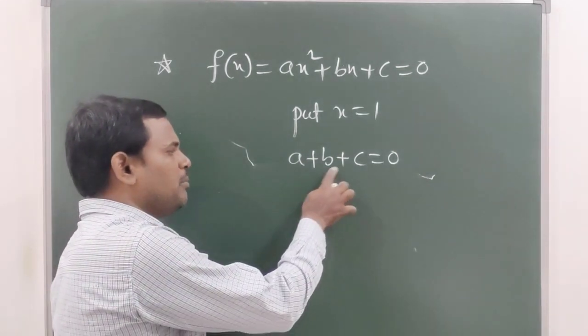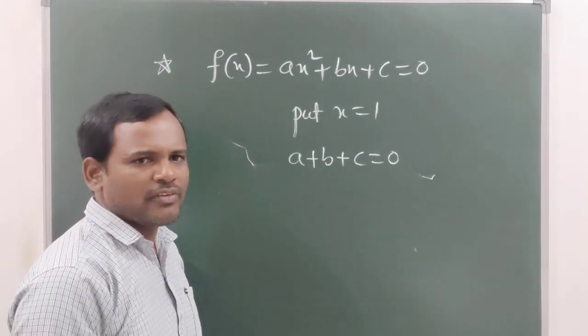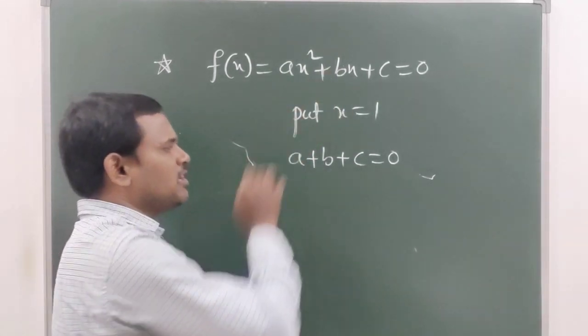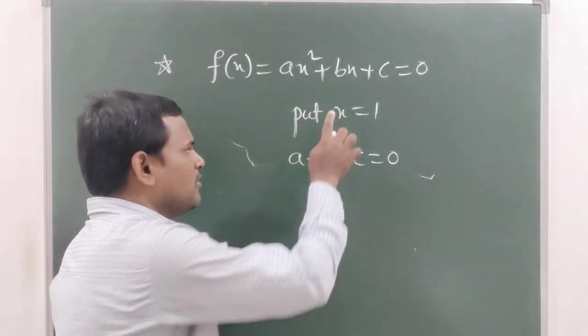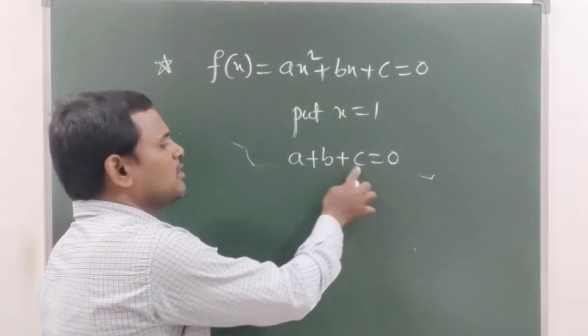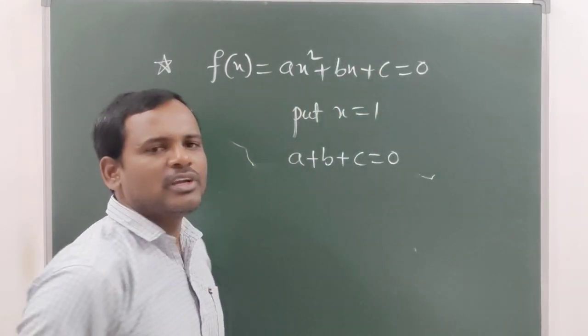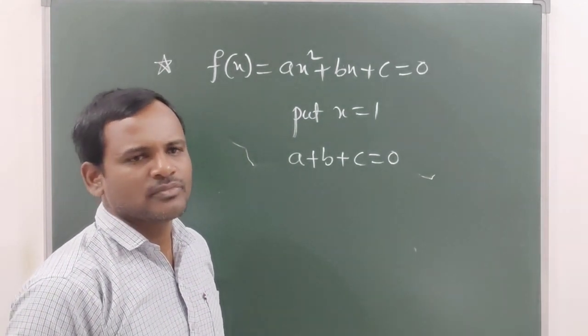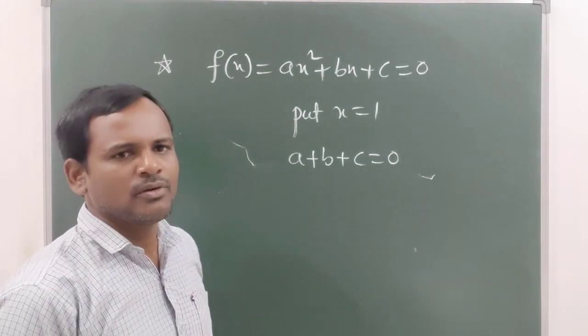See, you know a, b, c are called coefficients of the terms of this quadratic equation. If 1 is one of the roots, we get the sum of the coefficients is equal to 0. Remember this point. Okay?